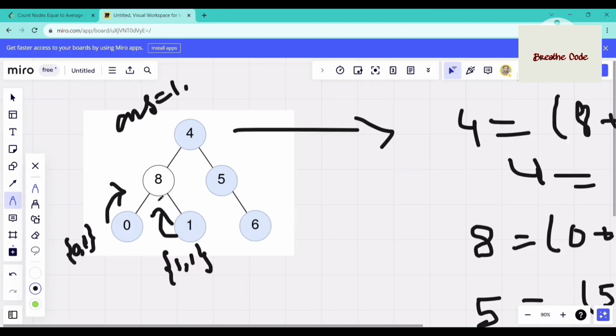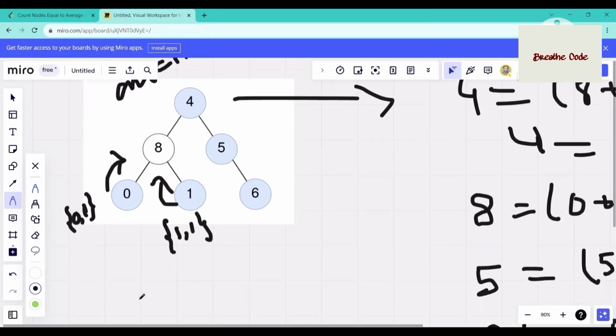So after this right subtree call, what we will do, we will add all these. We'll access this value, so this is 0, and we'll access this value, so this is 1. 0 plus 1, and then we'll add this, and we'll take the sum of it. So 0 plus 1 plus 8, what will be? It will be 9, and we'll count the number of nodes. We'll take this value and this value, so it is 1 plus 1 and plus 1 for this.